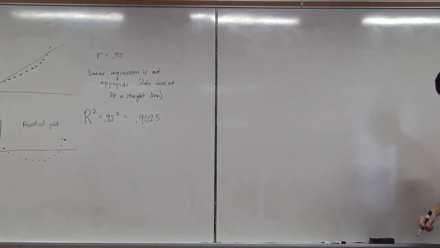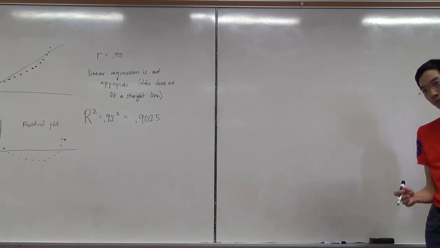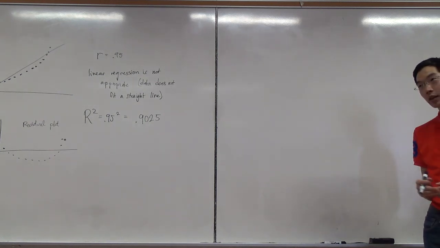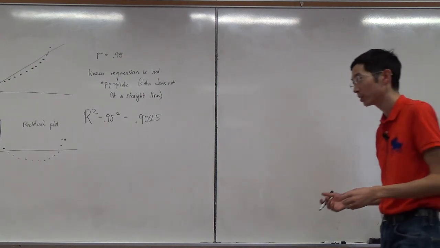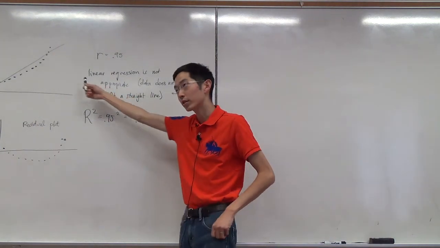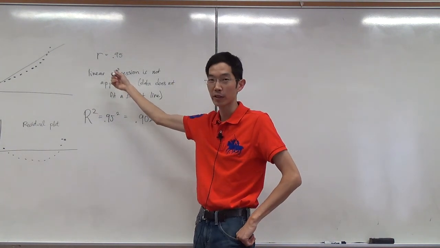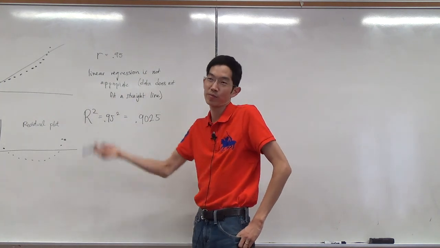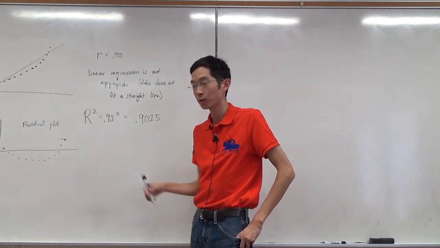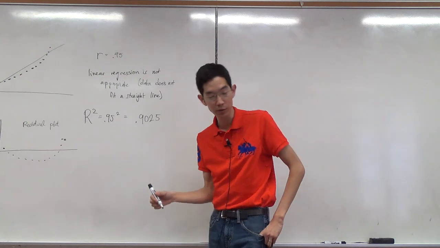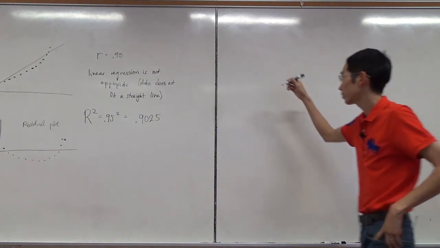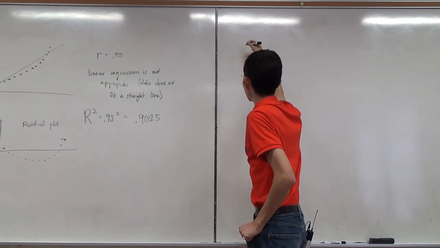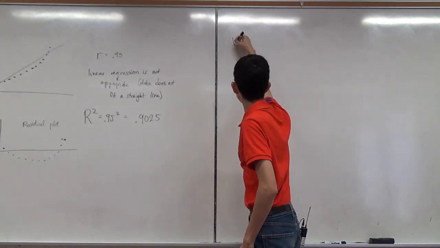Even linear regression in its most simple form is a very useful and powerful tool, but it can also be dangerous because if you didn't create a scatter plot and you saw r equals 0.95, you might assume, oh, linear regression is great, and we go forward with it, but then your model would be incorrect. Okay. Other things to watch out for: we have points known as leverage points and influential points.